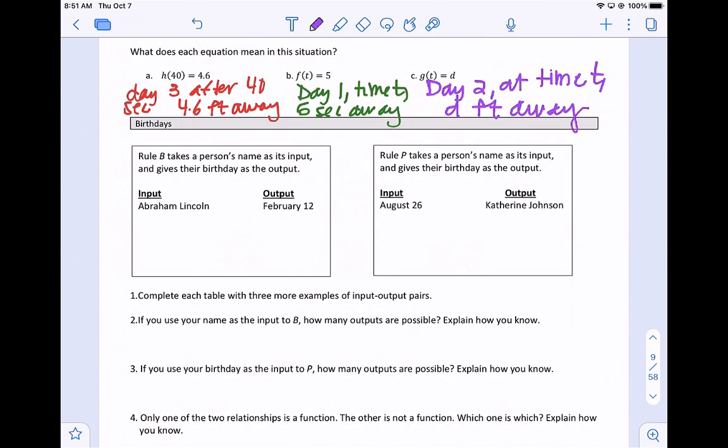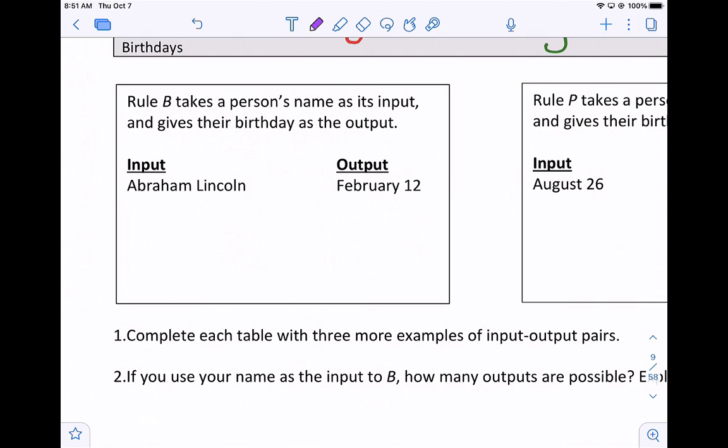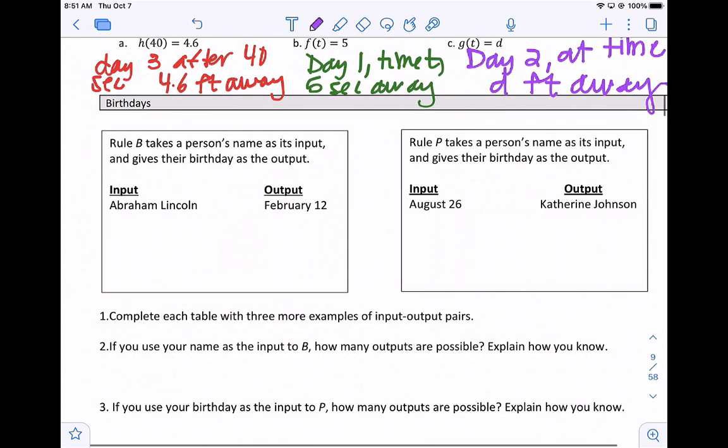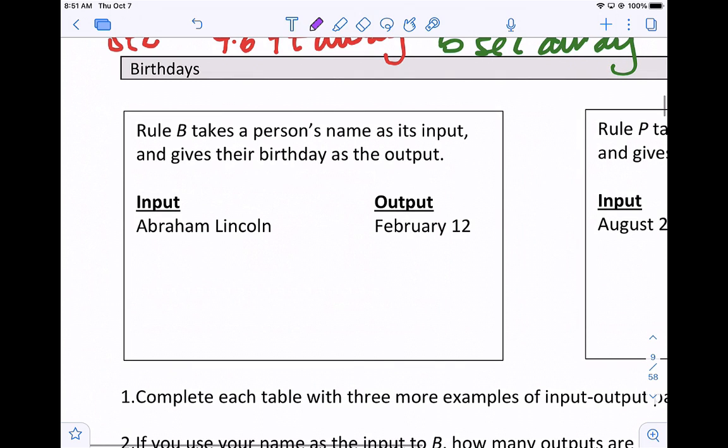For birthdays, Rule B gives a person's name as the input and gives their birthday as the output. Rule P takes a person's birthday as the input and gives their name as the output. Can you complete each table with 3 or more examples of input-output pairs? All right, so we go around in class and ask, what is your birthday? For example, we have Jameer, his birthday is October 4th.